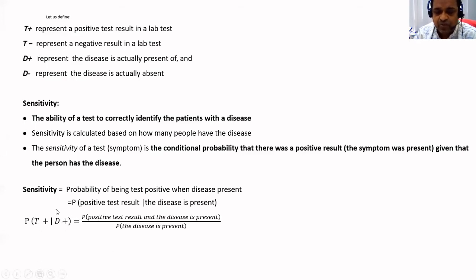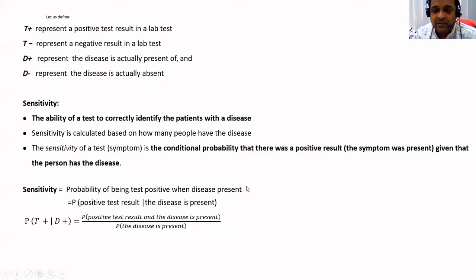We know from conditional probability that the probability of A given B is the probability of A and B divided by the probability of B. So we can write T plus is the positive test result and D plus is the patient has the actual disease. So we write probability of a positive test result and the disease being present, divided by the probability that the disease is present. In this way we can calculate sensitivity from the conditional probability.